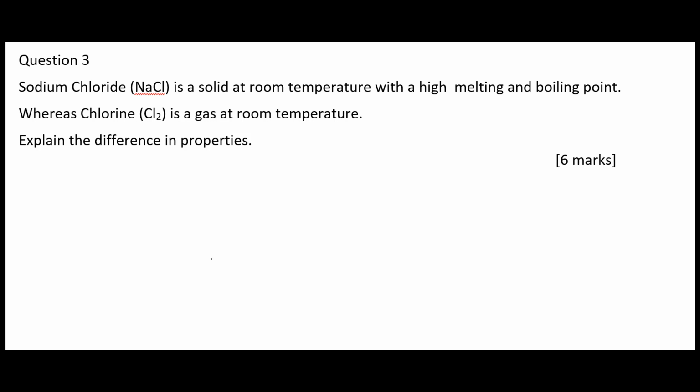Well, this is due to the fact that sodium chloride, or NaCl, is an ionic lattice. It's an ionic compound. And this ionic lattice has strong electrostatic forces of attraction.